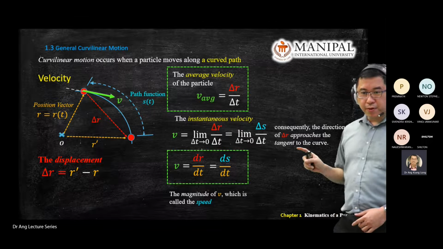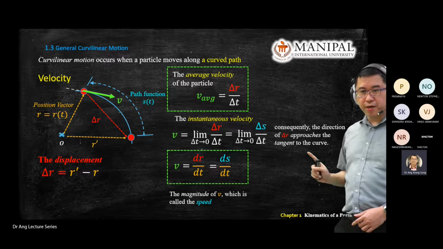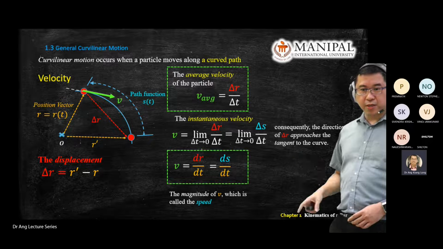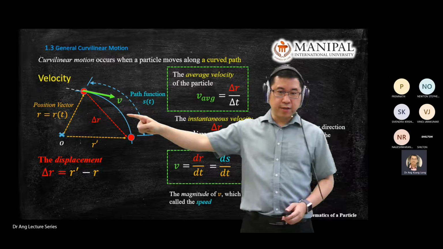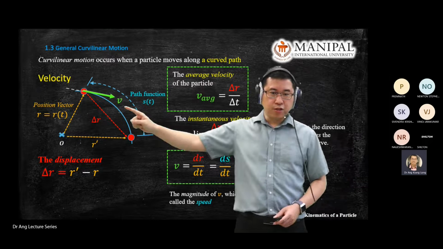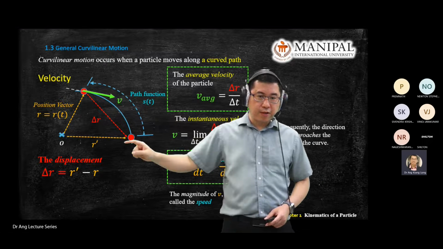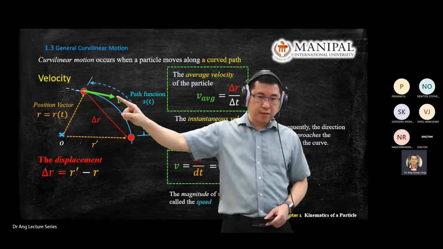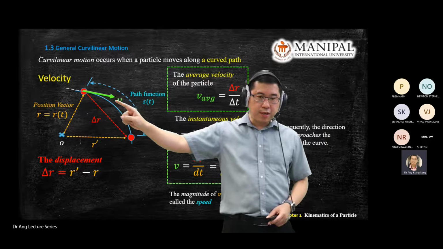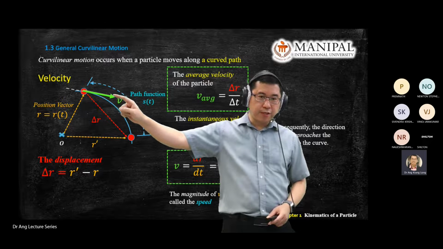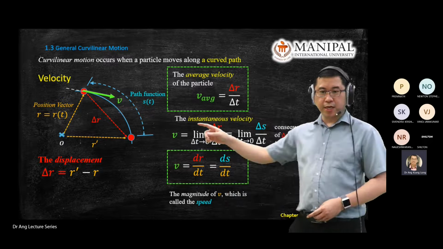When you learn about trigonometry and curves, you should know what is tangent to the curve, right? Let's say you have a circle. Tangent to the curve means it's only touching one point on the curve, something like that. You can draw the tangent using this arrow. So just take note of that.